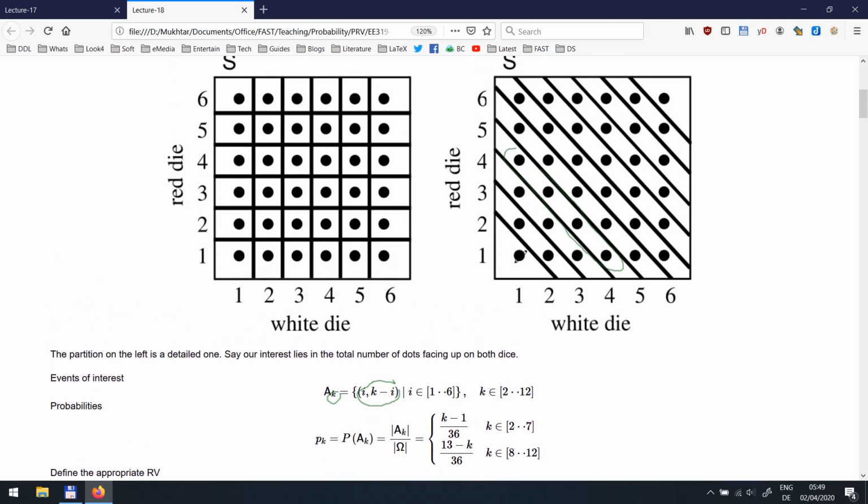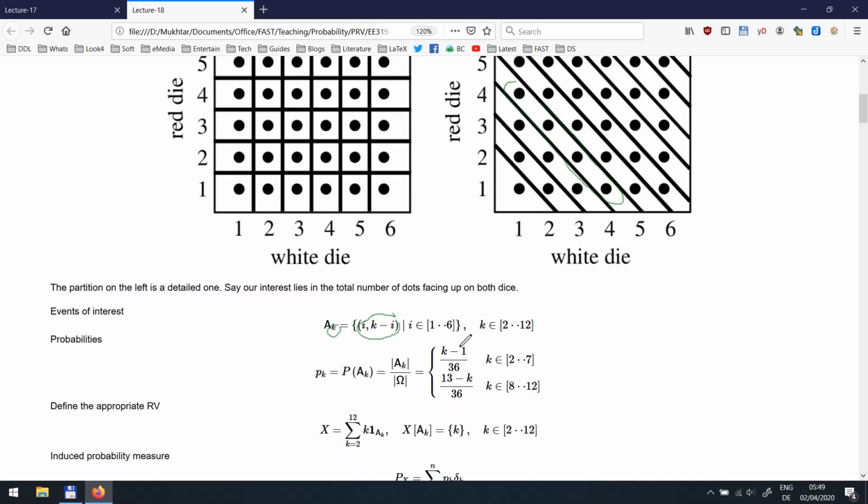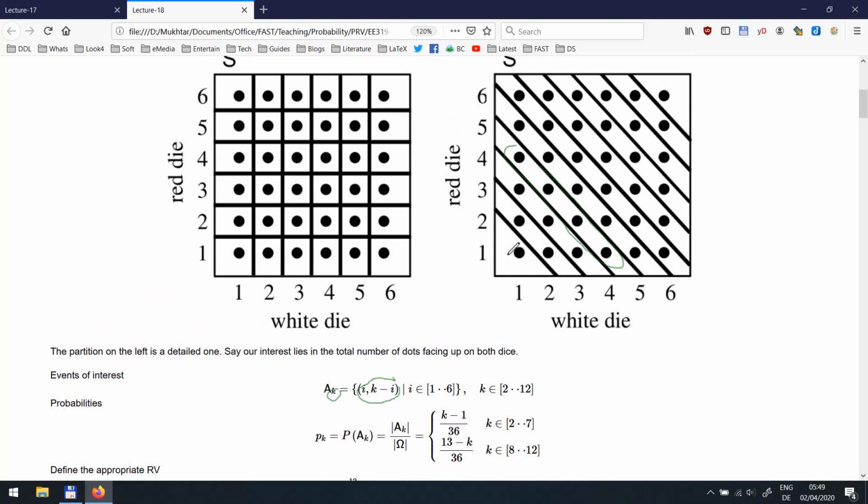For example, if I start with the first one, it has only one element, so 1 over 36. Second is 2 over 36, then it is 3 over 36, and so on. Now this probability increases up to 7 when the sum is 7. So you can verify that it is (k minus 1) over 36. So the probability increases from this side.